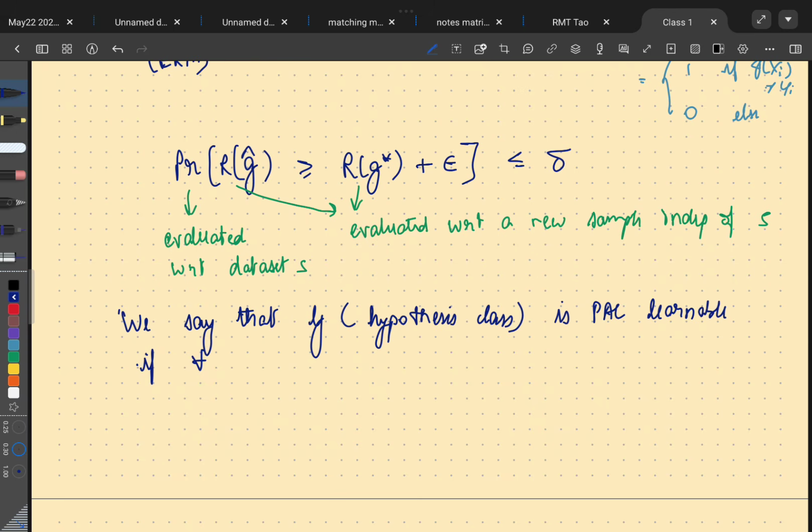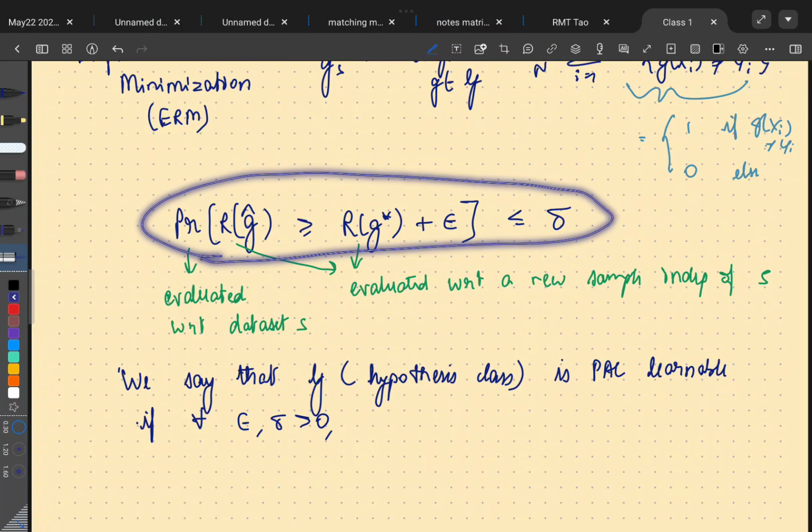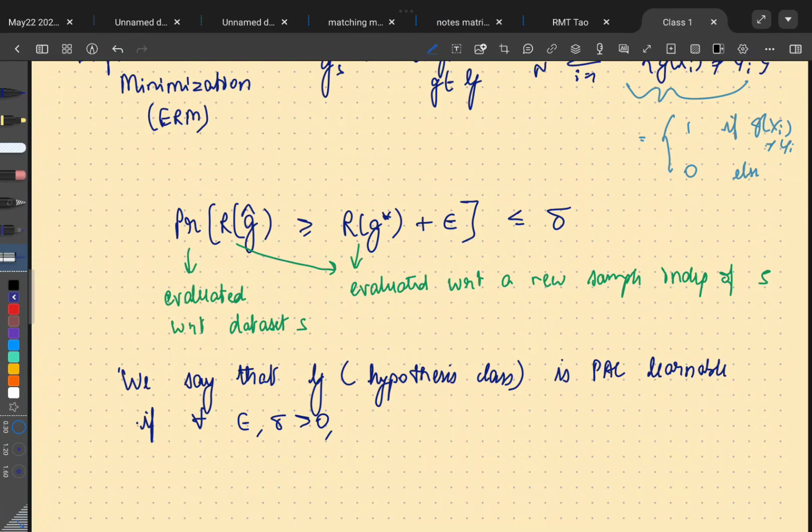For every epsilon and delta greater than 0, I should be able to design an algorithm that achieves this using a finite number of samples. After all, I need some bound on how many samples I need in order to achieve a particular epsilon-delta accuracy.